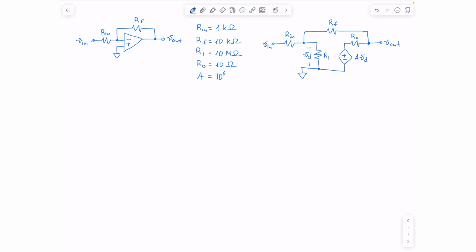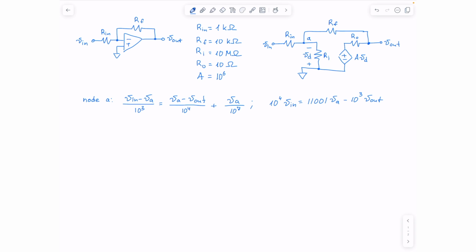To solve for the voltage gain, we just do nodal analysis. Let's label this node A and write KCL equation for this node. So simplifying this equation, we have the following.